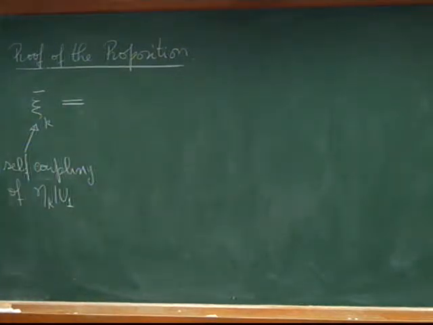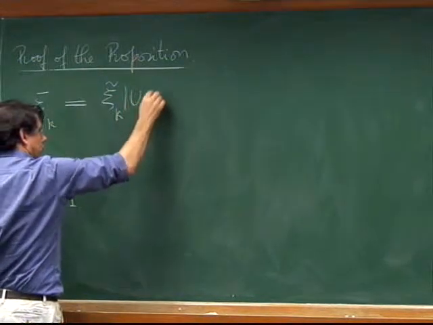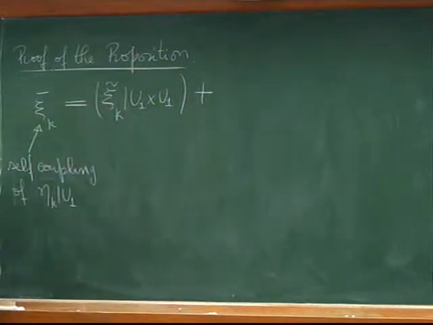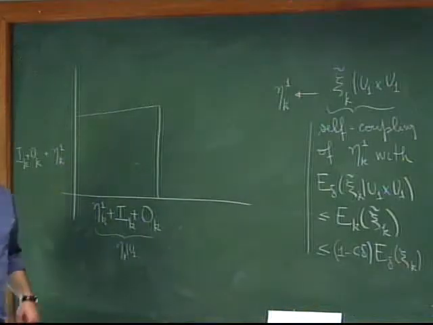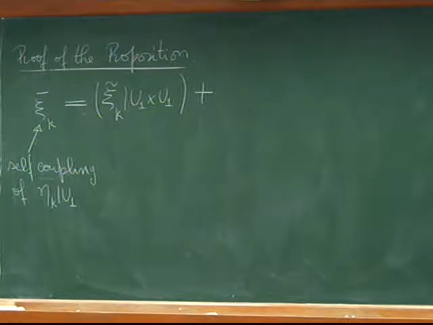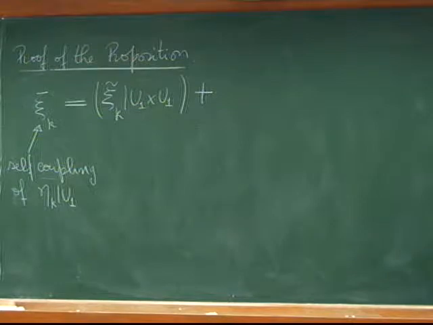The obvious thing is to start with Ck twiddle restricted to u1 times u1 and to add something. Of course, that's dangerous, because when you add, you increase the energy. And I'm giving myself the right to increase the energy only by constants.